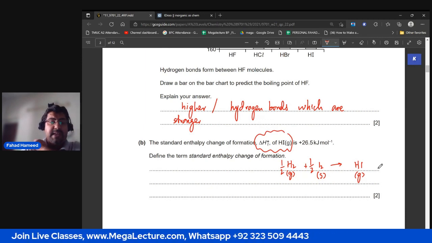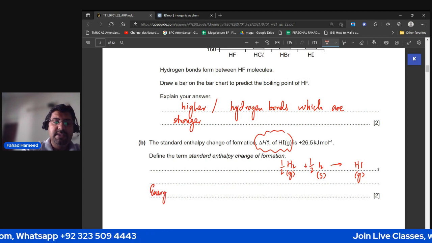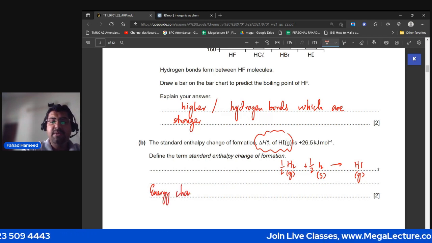So the definition is, and you have to remember the definition: it's the energy change that could be positive and it could be negative as well.